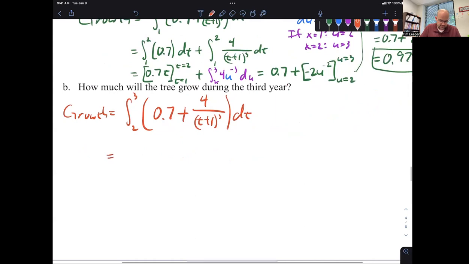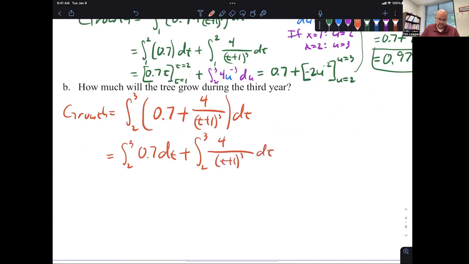That's going to give me the integral from 2 to 3 of 0.7 dt plus the integral from 2 to 3 of 4 divided by (t plus 1) cubed dt. So this is going to give me 0.7 t evaluated from t equals 2 to t equals 3.